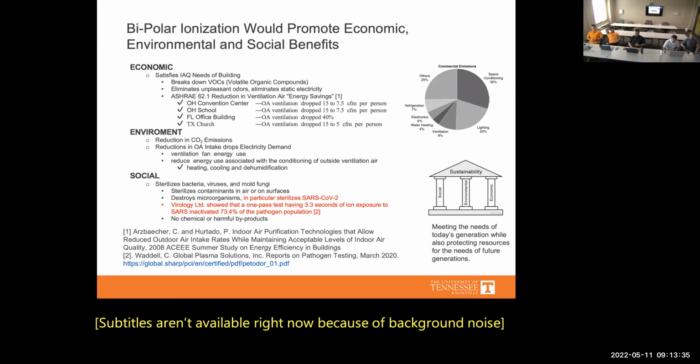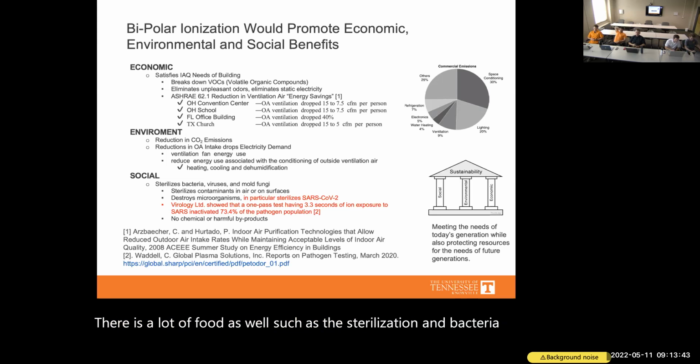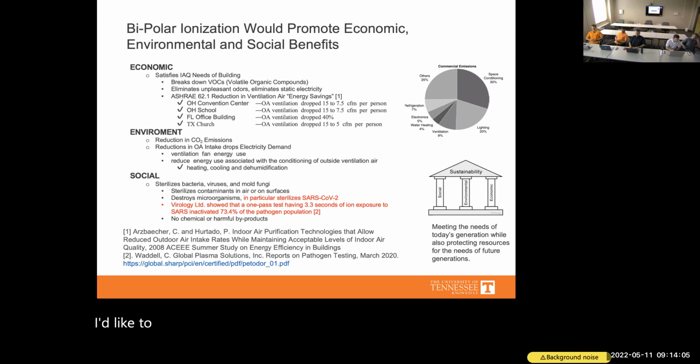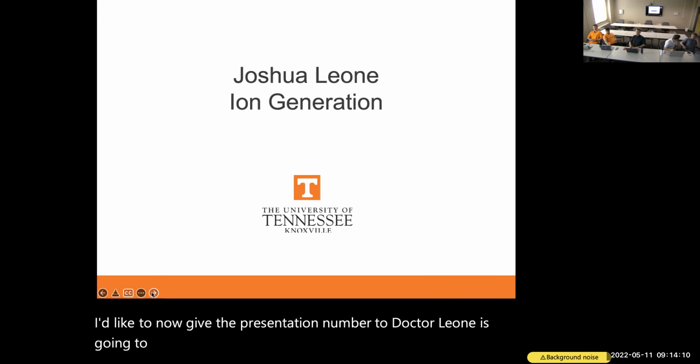There actually are a lot of social benefits as well, such as the sterilization of bacteria, viruses, mold, and most notably SARS, where it was found that after 3.3 seconds of ion exposure, about 73.4% of the active SARS pathogen population became inactive. So there's been some research done on that. I'd like to now give the presentation over to Joshua Leone, who's going to talk about ion generation.